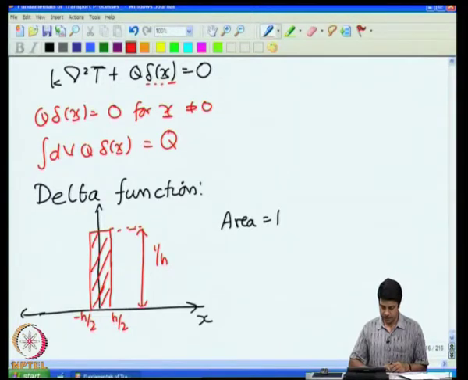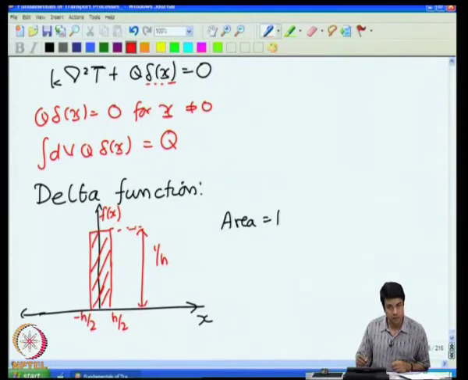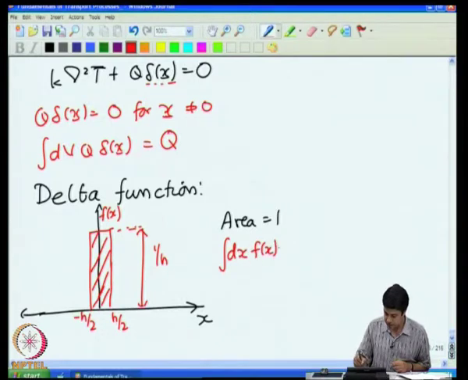Okay. That means that this function f of x satisfies the integral condition, integral dx f of x is equal to 1 from minus h by 2 to h by 2. However, this function is 0 everywhere else.